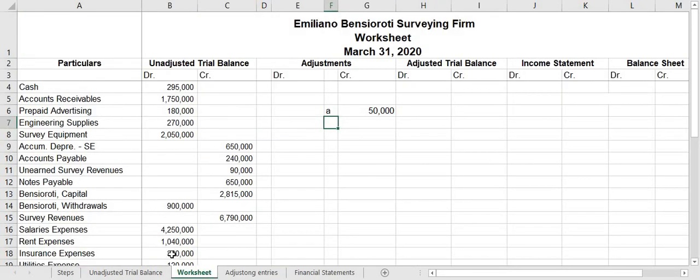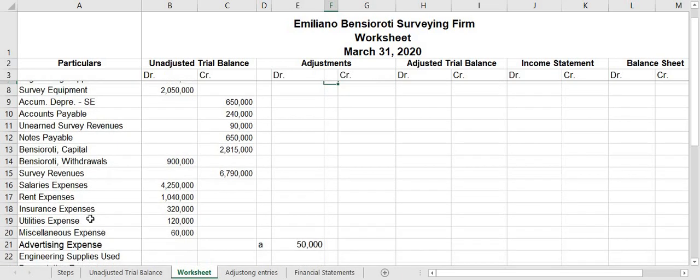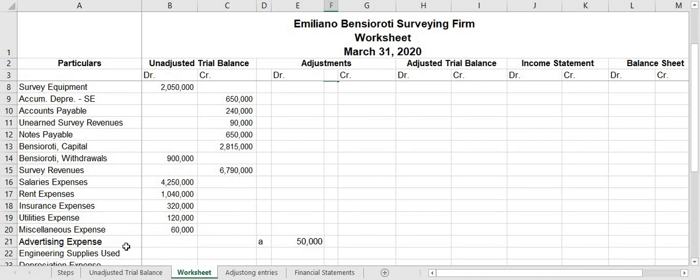So, in our unadjusted trial balance, there is no engineering supplies used expense account. So, we have to add another account title in our particulars column. Okay? That's engineering supplies used. Okay? It was debited, so we also place it as a debit in the adjustments column for 205,000. Again, don't forget the letter, that's letter B.